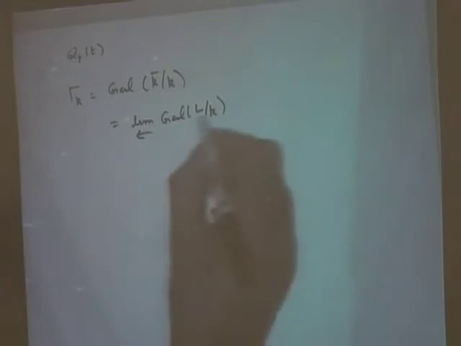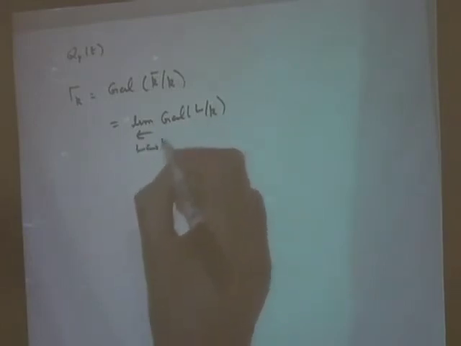So Gamma K is the absolute Galois group of the separable closure K bar of K over K. Of course, this is a profinite group. So this is an inverse limit of the finite Galois extensions L over K, where L is contained in K bar, L over K finite Galois.